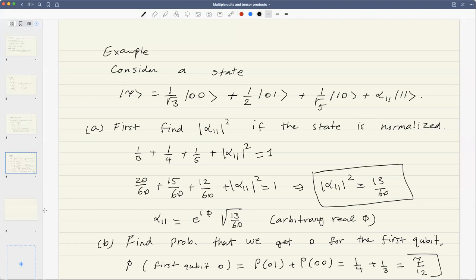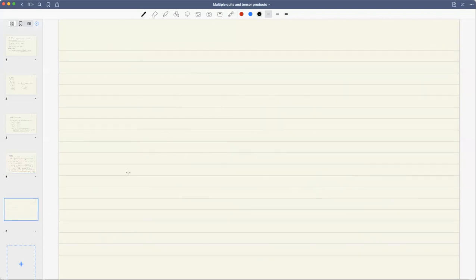So these basis states really imply that an order is assumed. And if I want to make that notation very explicit, it's quite helpful to write them like this.